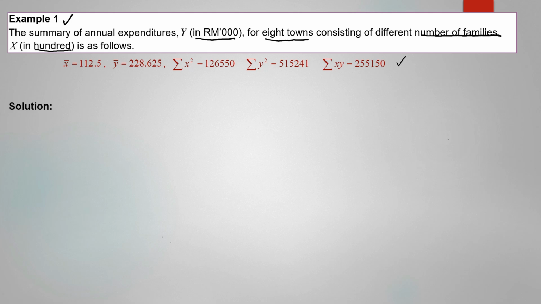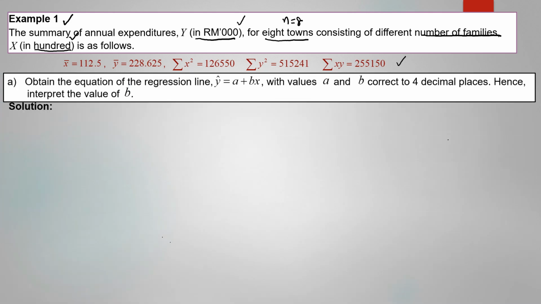From the statement, you should know that your variable Y is annual expenditures, written in RM1000, and the value of n is equal to 8. Whereas the variable X is the number of families, written in 100.